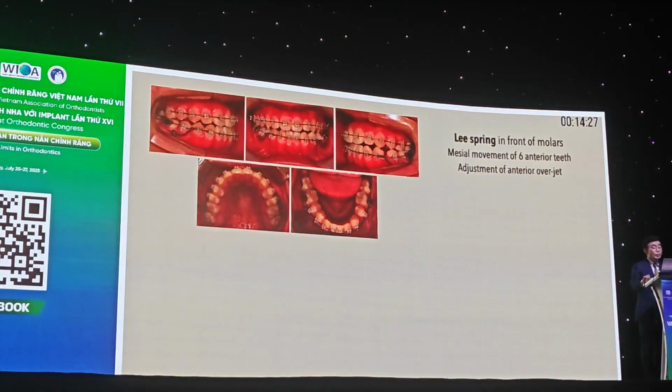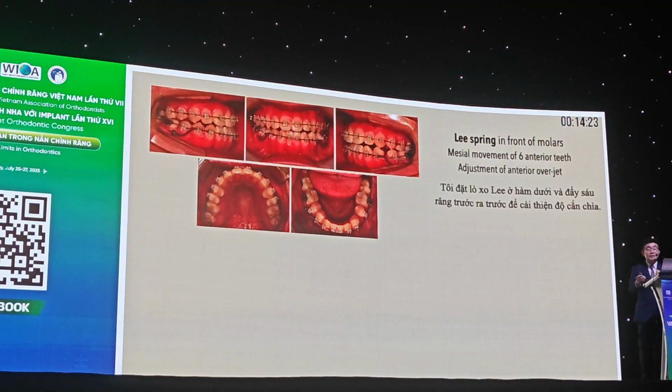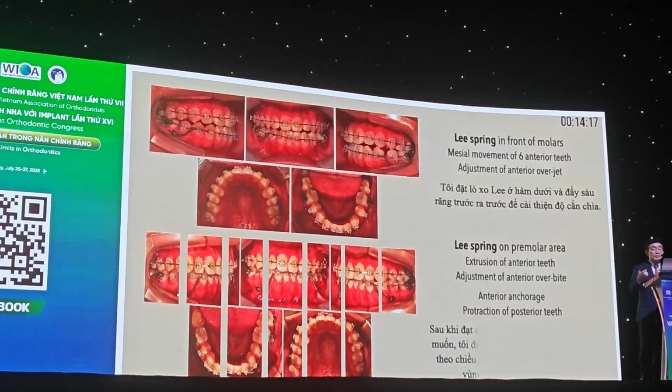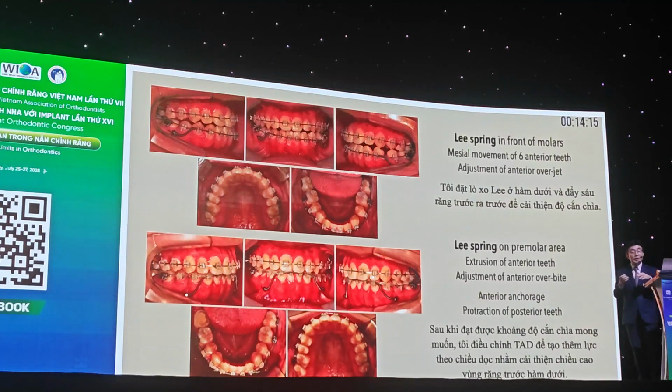I installed a B-spring in the mandible and pushed the 6 anterior teeth forward to improve the overjet. After achieving the desired overjet, I adjusted the TAD to apply vertical forces for enhancing the height of the mandibular anterior segment.